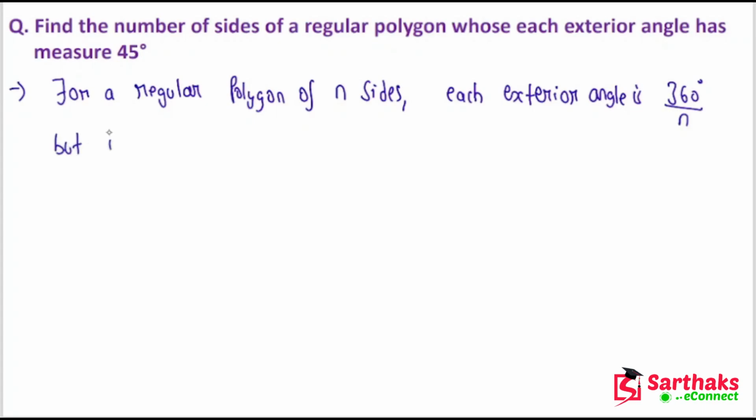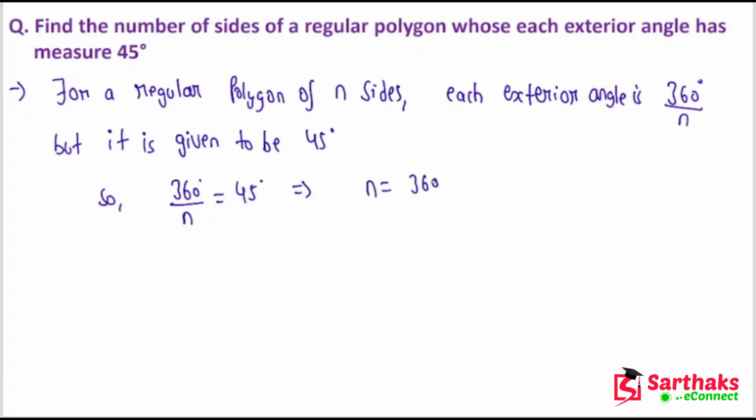But this angle is given to be 45 degree. So 360 degree upon n is equal to 45 degree, which simply means n equals 360 degree upon 45, which is equal to 8. So the polygon has n sides.